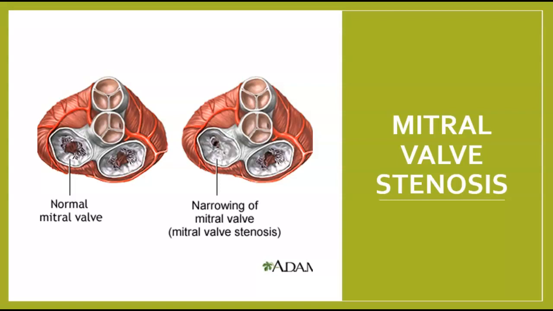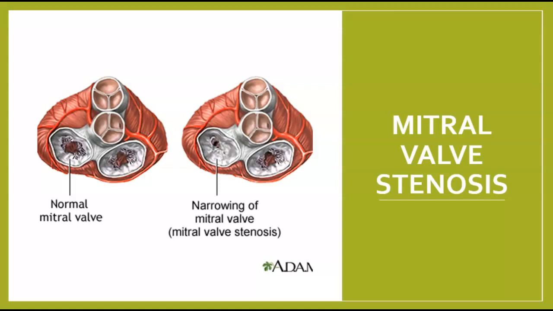So it's going to obstruct or slow down that blood flow from the left atrium to the left ventricle. This in turn is going to lead to an enlargement of the left atrium because it's going to be holding on to that extra blood that's not able to go through that mitral valve into the left ventricle. This can cause that blood to back up into the lungs, and that can cause pulmonary congestion, and eventually it can cause right-sided heart failure.